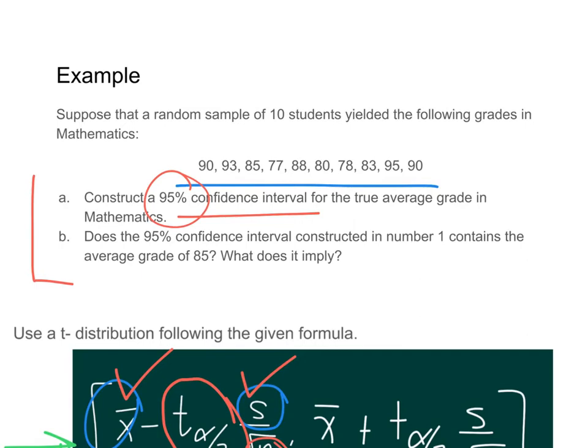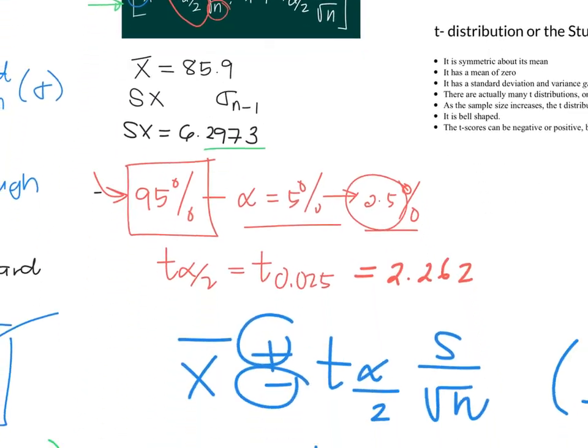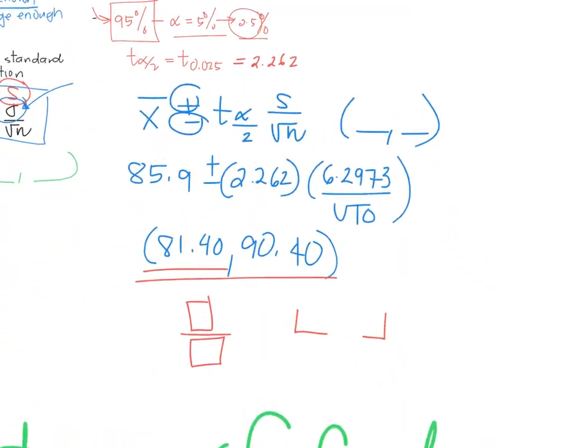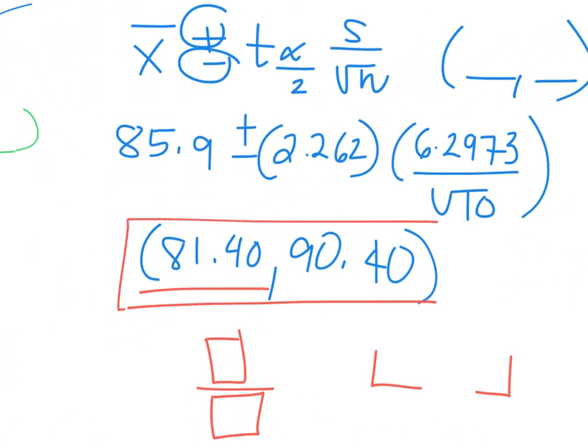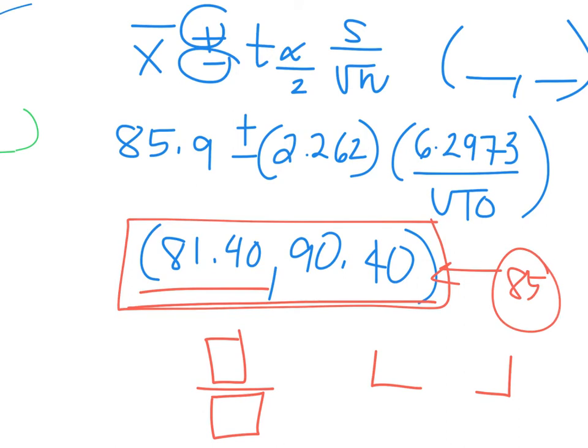So in letter B, does the 95% confidence interval constructed in number 1 contain the average grade of 85? There's 85 within the interval. So our computation says it should be between 81.40 to 90.40, and clearly the average 85 is within the confidence interval. So that means with 95% confidence, we can say that 85 could be an average score of all the students who took the mathematics course.